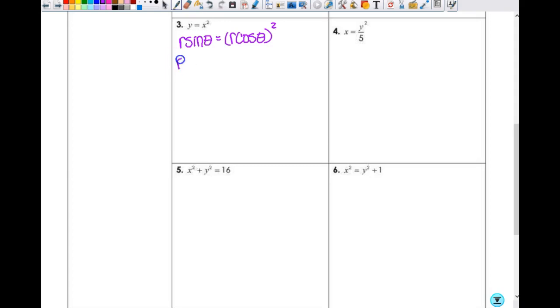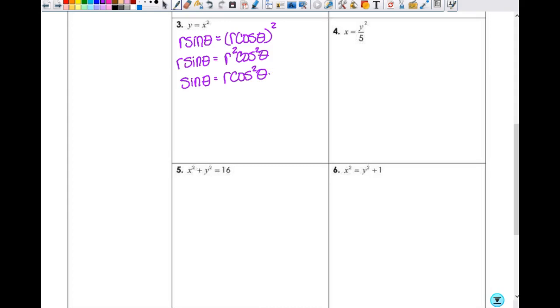So I get r sine theta is equal to r squared cosine squared theta. Everybody with me so far? Now I'm going to divide both sides by r, okay, to get rid of those. So I get sine theta is equal to r cosine squared theta.